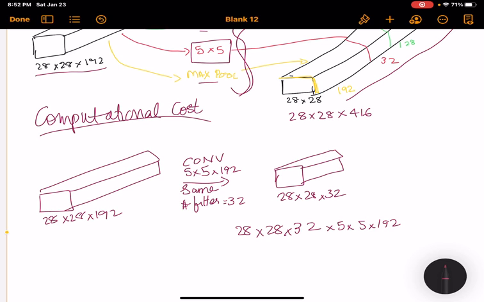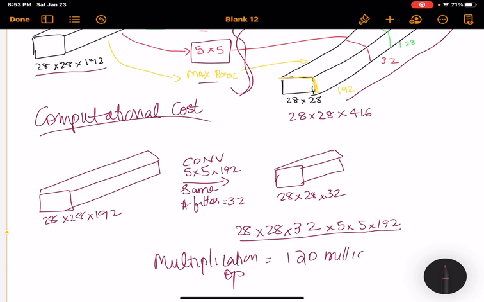That means in total the number of multiplication operations for just this one will be 28 into 28 into 32 into 5 into 5 into 192. So that would be approximately 120 million multiplication operations.